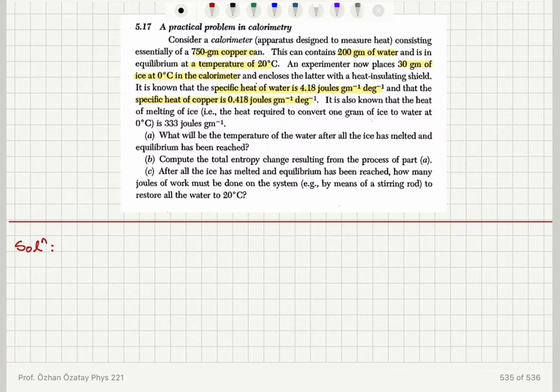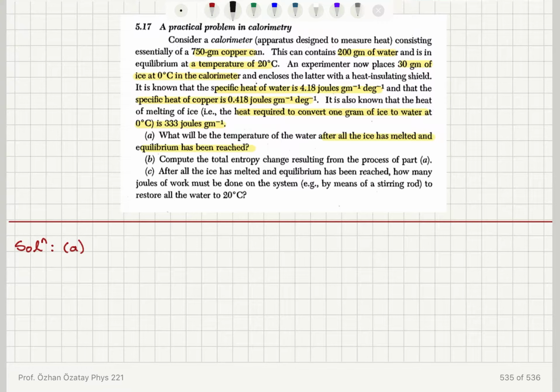It's also known that the heat of melting of ice, the heat required to convert 1 gram of ice to water at 0 degrees Celsius, is 333 joules per gram. What will be the temperature of the water after all the ice has melted and equilibrium has been reached?